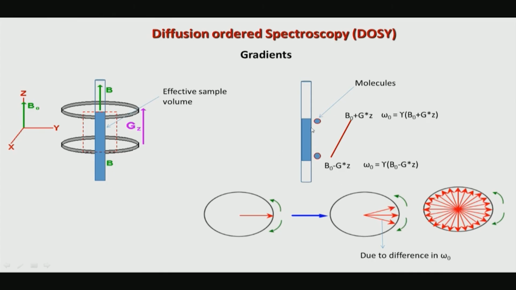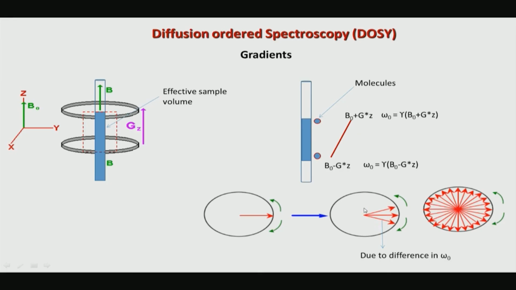So, all the molecules now do not have the same chemical shift. Remember, they are the same molecule, but because of this change in the magnetic field across the sample, the molecules here will have a different chemical shift compared to here, compared to here. So, they will now start rotating or oscillating with different chemical shifts.